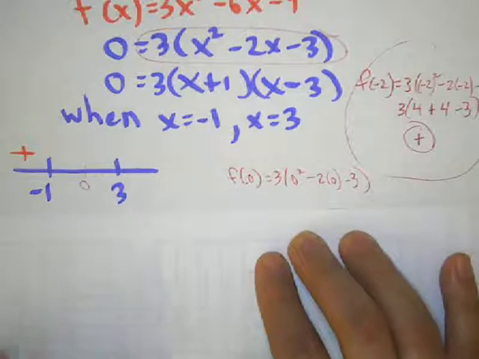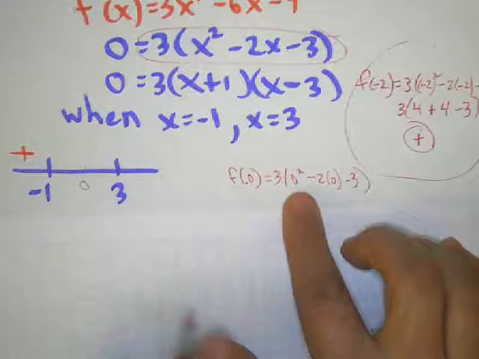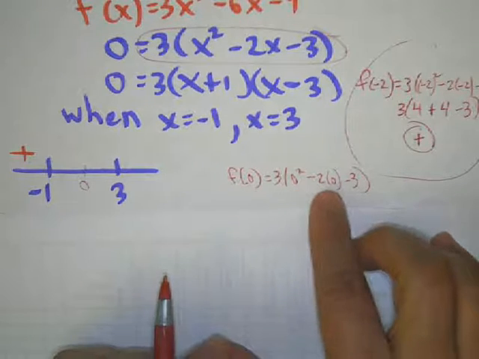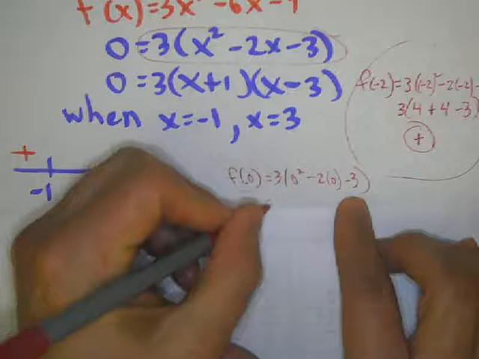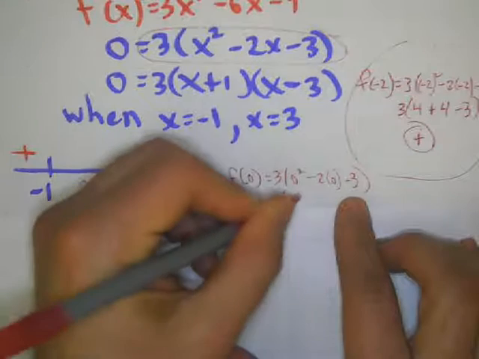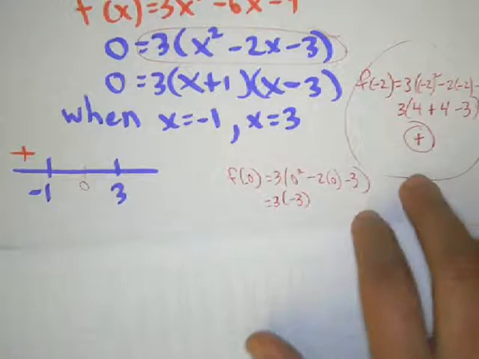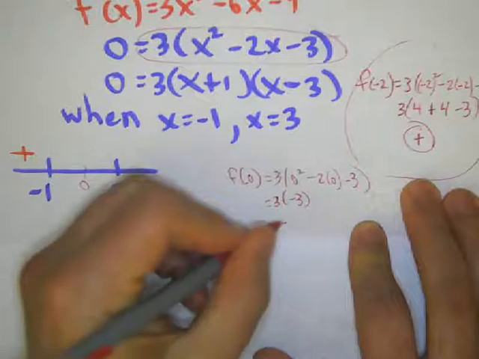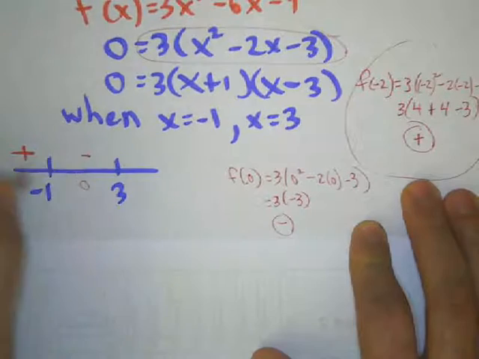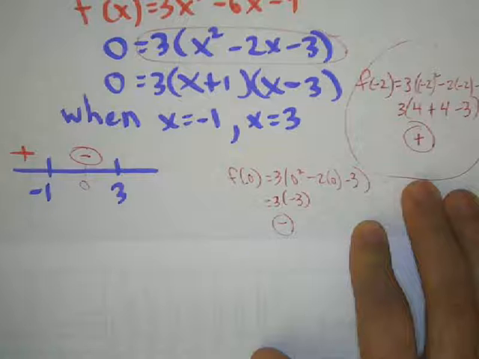I try to pick easy numbers, right? Well, 0 squared is 0, minus 0, times negative 3. So we have 3 times negative 3, which is going to give me, guess what, a positive or a negative number? Negative number. So between negative 1 and 3, we've got negative values.